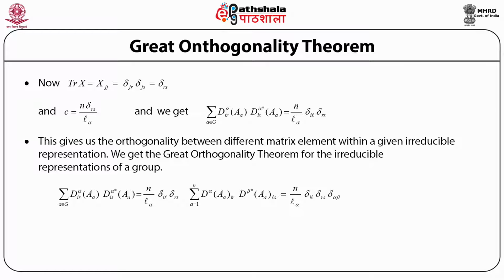This gives us the orthogonality between different matrix elements within a given irreducible representation, because D alpha star are the matrix elements of the same representation D alpha. So it tells us that the product of the matrix elements of the matrix D alpha and its complex conjugate is given by this expression, n by L alpha delta il delta rs.